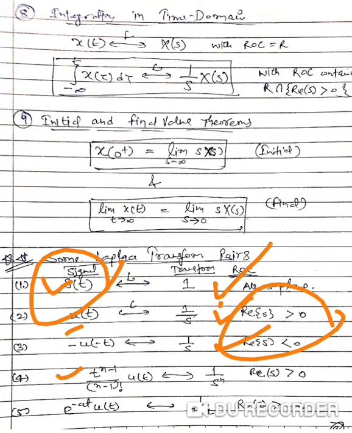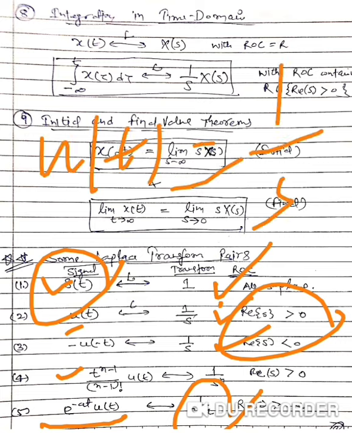This we have already seen. t raised to power n minus 1 upon (n minus 1) factorial u(t) will come out to be 1 upon s raised to power n. If we multiply u(t) with e raised to power minus at, then we will get 1 upon s plus a. The Laplace transform of u(t) was 1 upon s; if we multiply by e raised to power minus at, we get 1 upon s plus a.